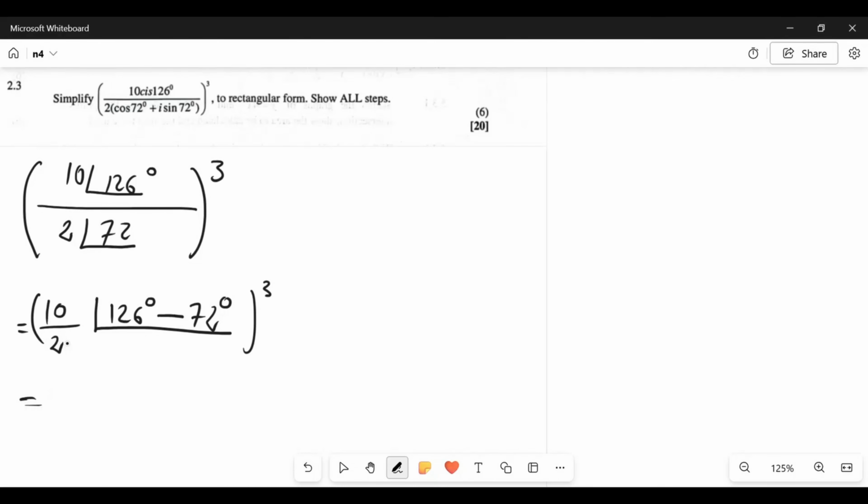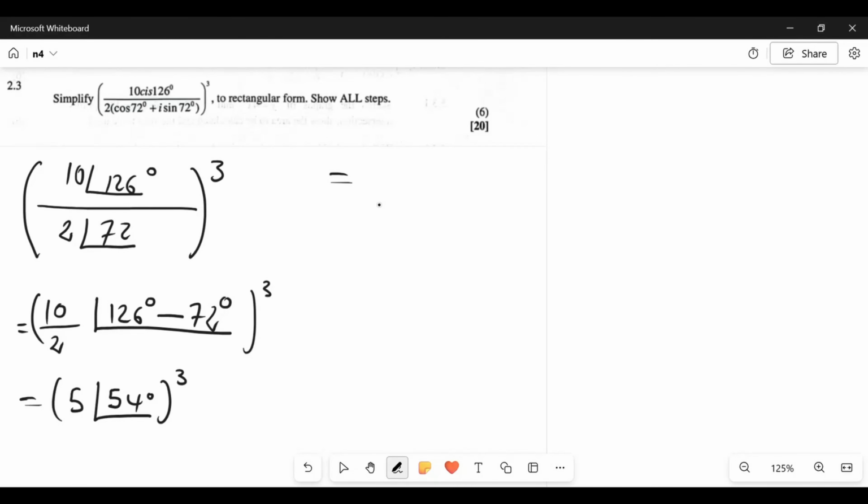So let's continue. We have 10 divided by 2. This here is going to give us 5. And then we have 126 minus 72. This one here is going to give us 54 degrees. Let's not forget, all of these have the power of 3. Now we can start using De Moivre's theorem. I'm going to do it here on top.